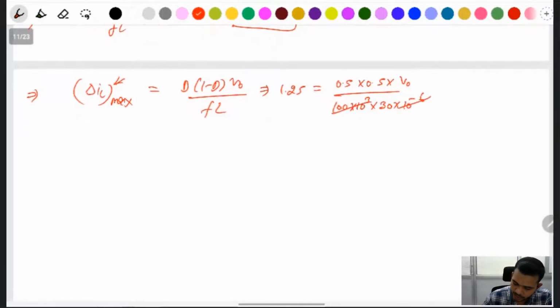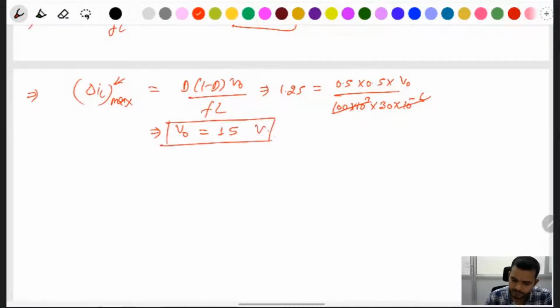The zeros cancel out. In this we find V naught. We solve this and find V naught is 15 volt. If V naught is 15 volt, then you know I naught is equal to V naught by R, 15 by 5 is equal to 3 ampere.